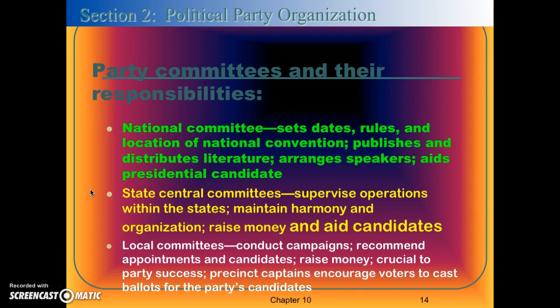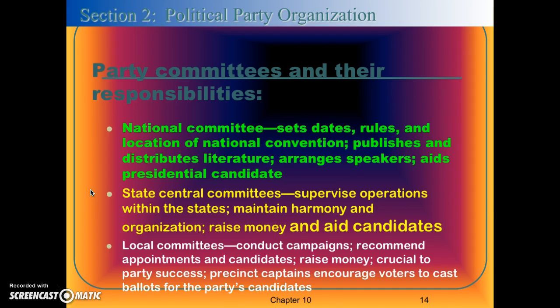You're going to have thousands and thousands of people attending these conventions. They're going to have a lot of prominent speakers attend. And at these conventions is when each political party will officially nominate who their candidate for the upcoming election is going to be.